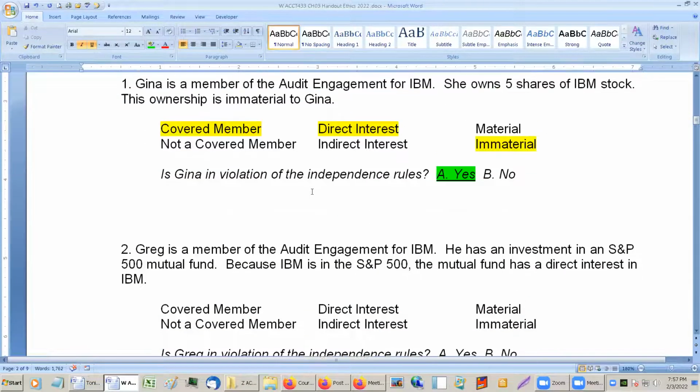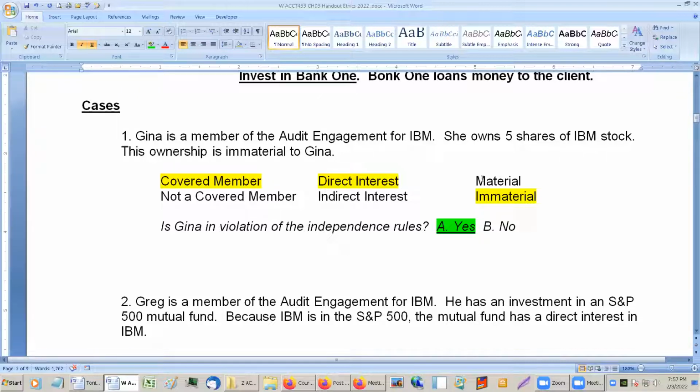Who determines if it's material or not? In this case, it doesn't matter, but it's whether it's material to the actual person making the investment. It's a vague area as far as what someone considers material or not material. For direct investments, it's easy because immaterial is just as much of a no-no as a material investment.